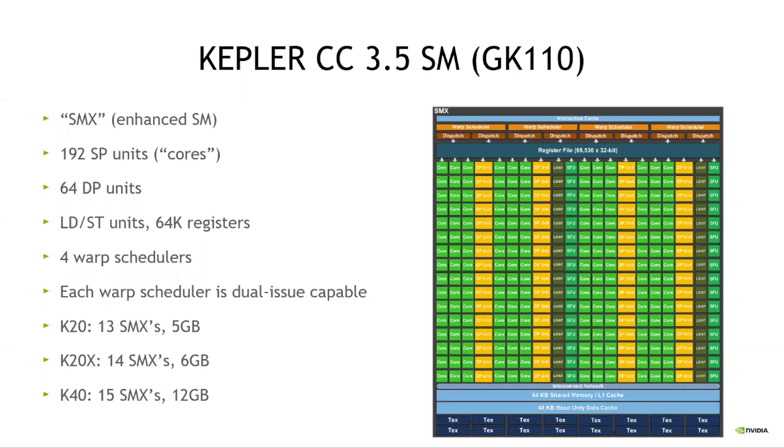An SM is essentially a building block for a larger GPU, and the SM defines the GPU architecture. It defines the characteristics and the behavior and, in fact, the instruction set that that GPU will understand.